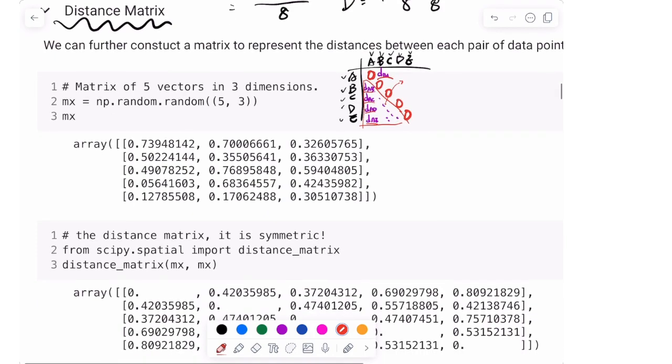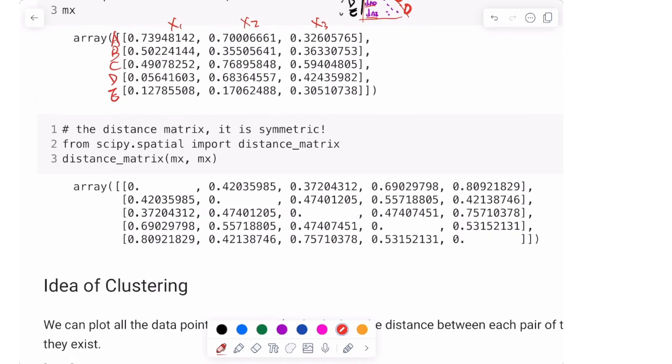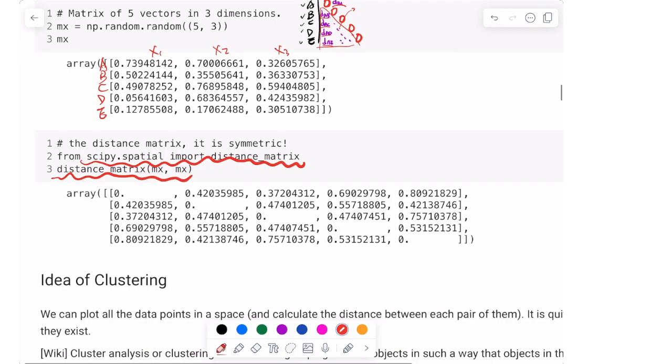So here's an example where we have 5 data points and 3 different features. We simply use Euclidean distance, and you can use this package, this library, to calculate the distance right here.